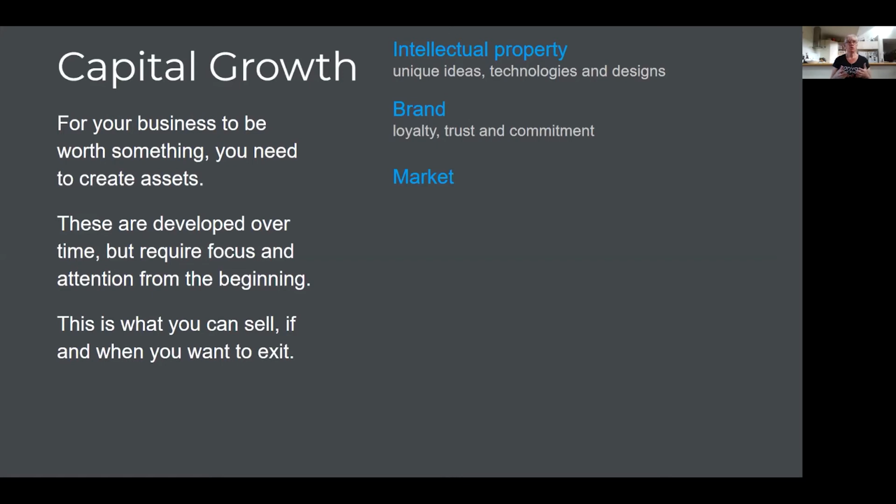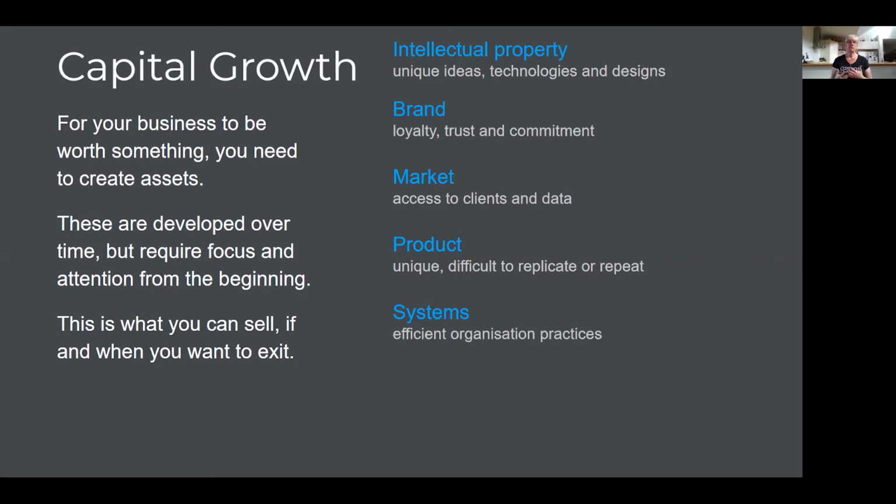You're creating your product, you've got some IP there, new technologies or new designs perhaps. You're building a brand, so are you actually building loyalty and trust and commitment with the people that you're engaging with? You're building your market, so accessing your clients and collecting data is also really important.